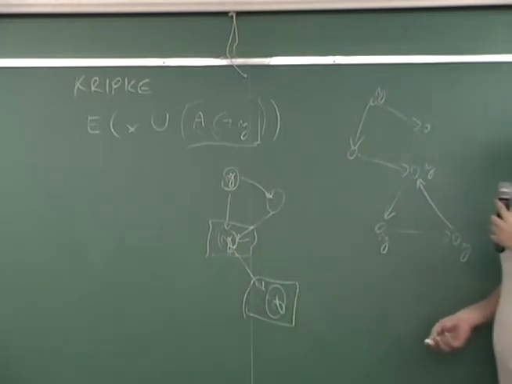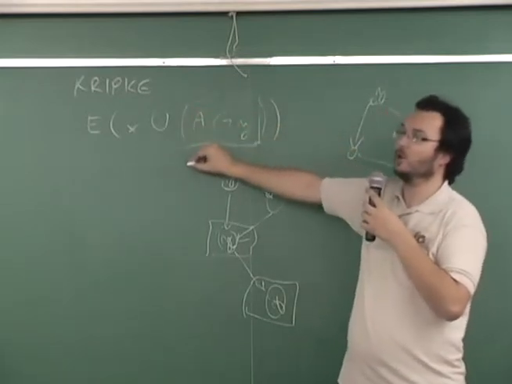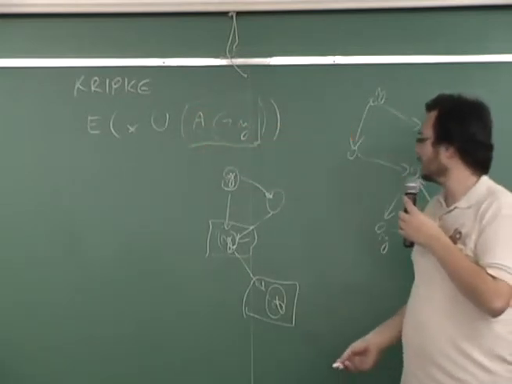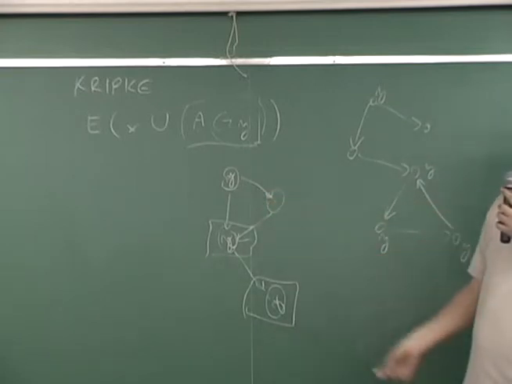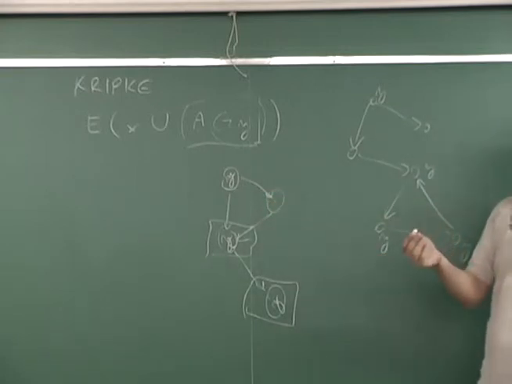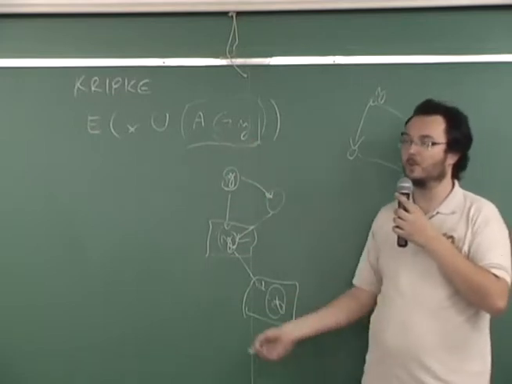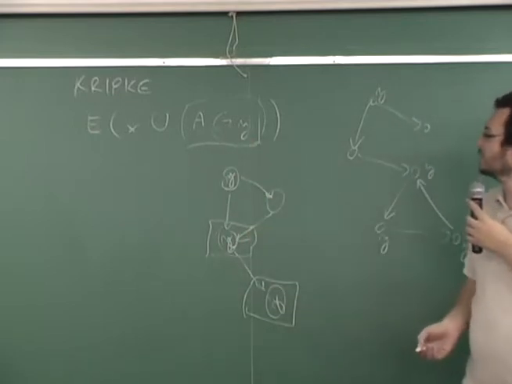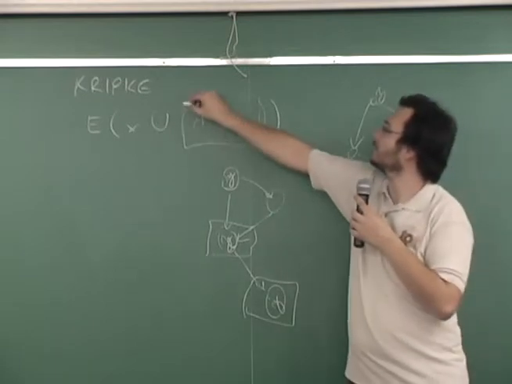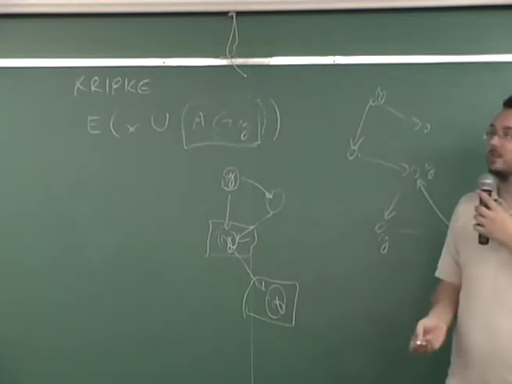So we can find all the vertices where this property holds simply by constructing this. So we find the strongly connected components, we label the good ones, and we then process the graph bottom up to find the vertices. So right now we have a set of vertices where this property holds.